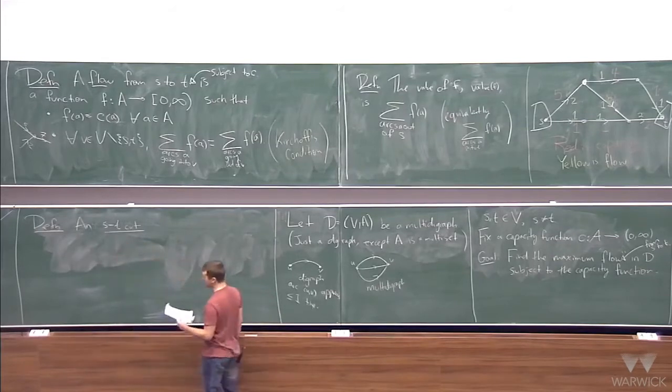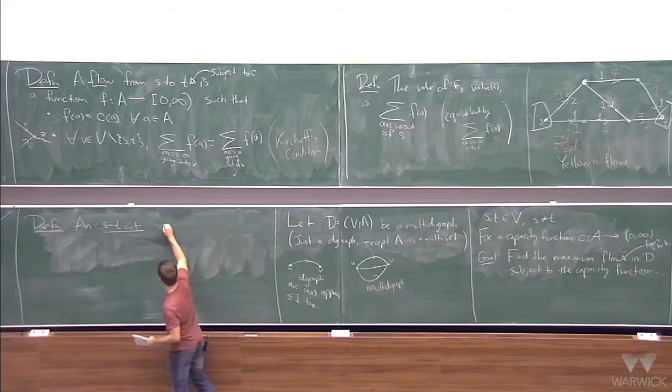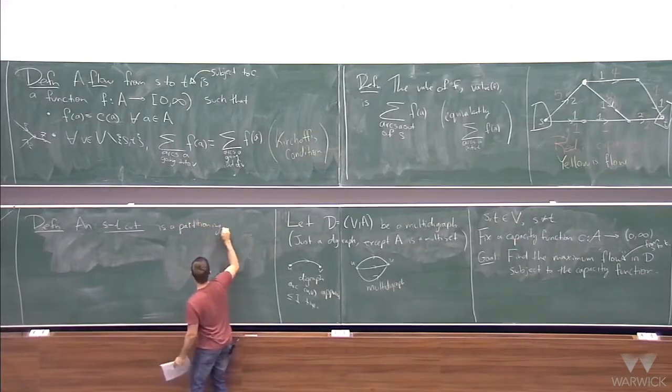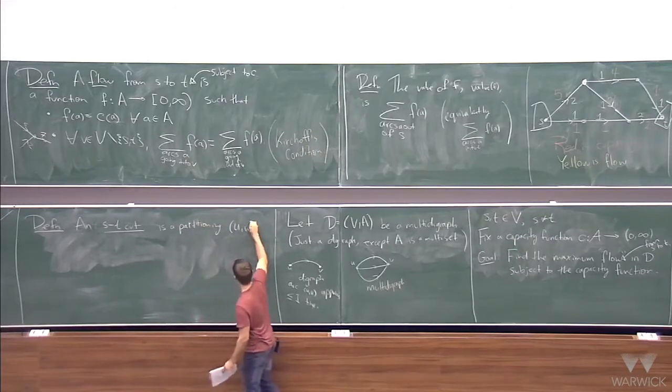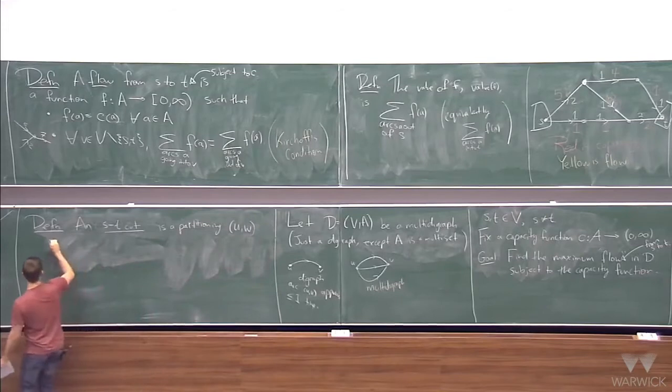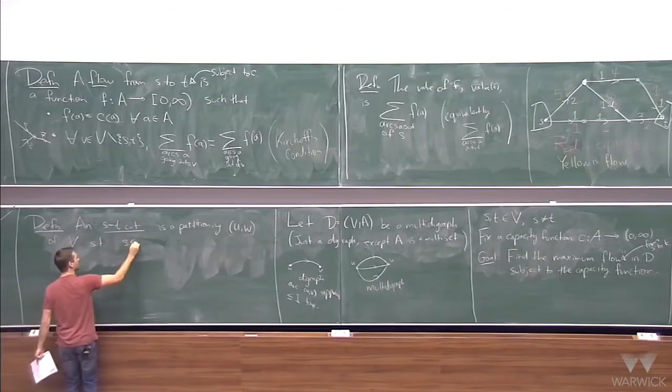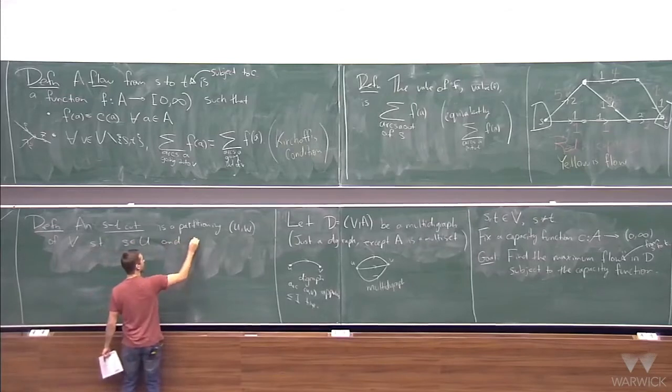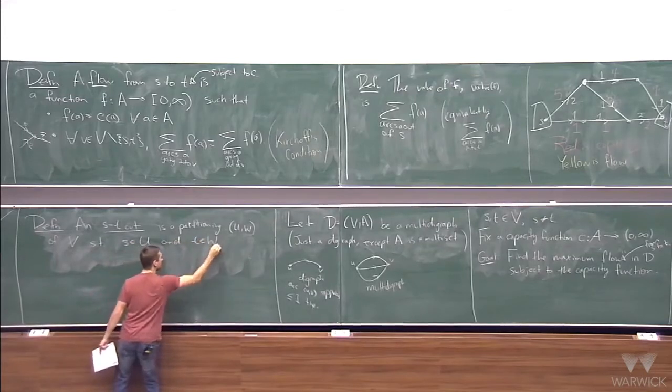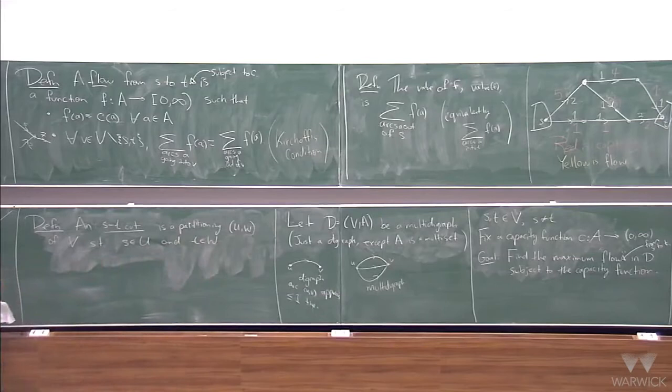So an ST cut is a partitioning U, W of the vertex set such that S is in U and T is in W. So it's just any way of splitting the vertices so long as S is on one side and T is on the other side.